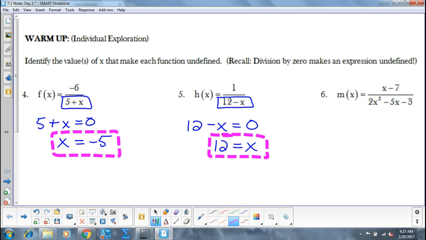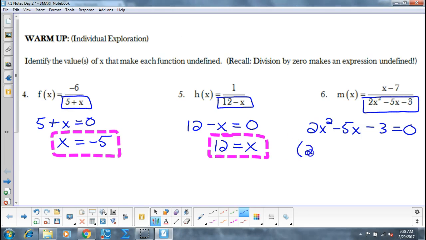Okay. And in the last one, I'm looking at where 2x squared minus 5x minus 3 equals 0. So let's see, 2x and x.